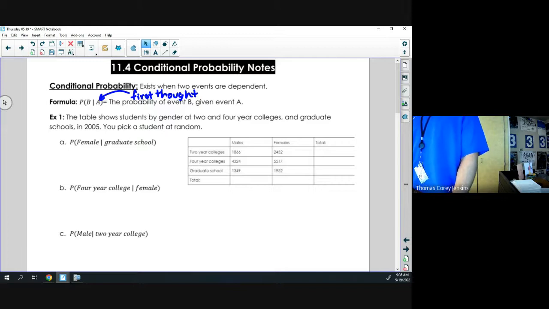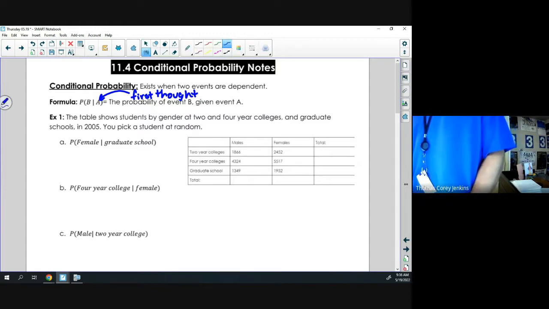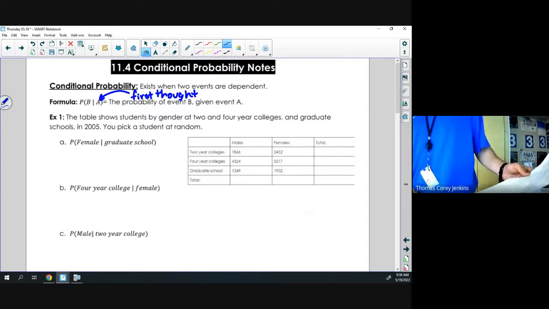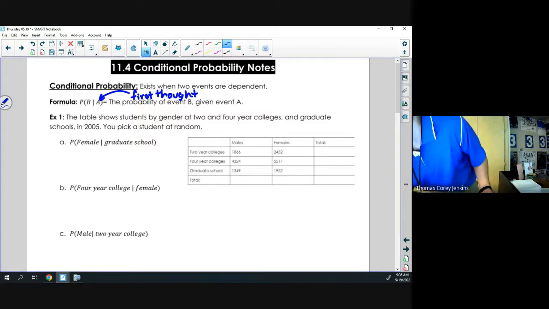Before we answer example 1 questions, we'll go ahead and complete the table. We'll add up all of our rows and columns and get our totals. So 2-year colleges total is going to be 1866 plus 2452, that'd be 4318. 4-year colleges total would be 4324 plus 5517 to get 9841.